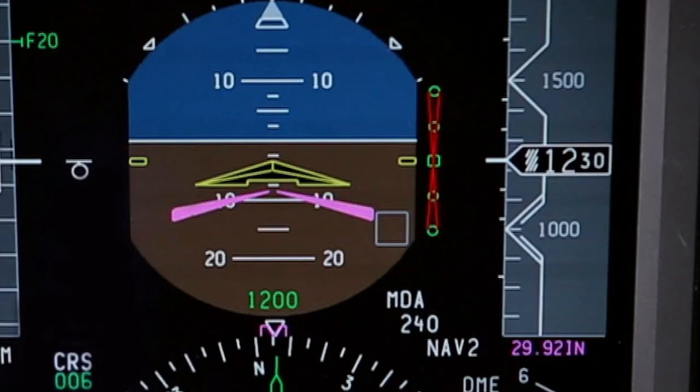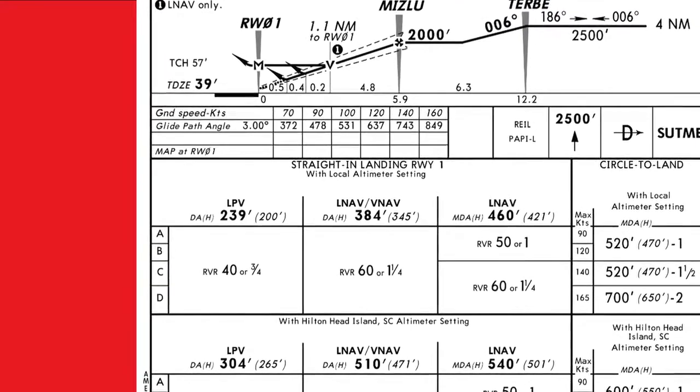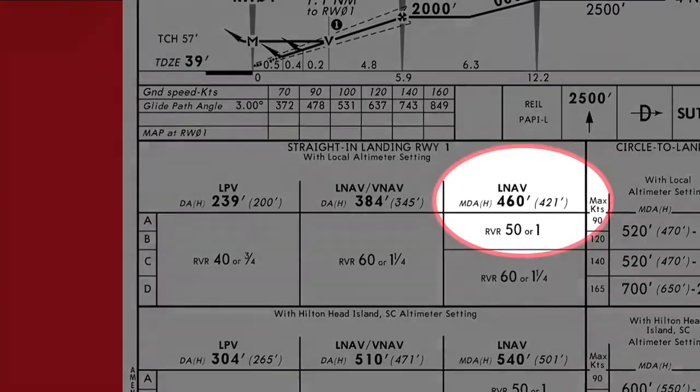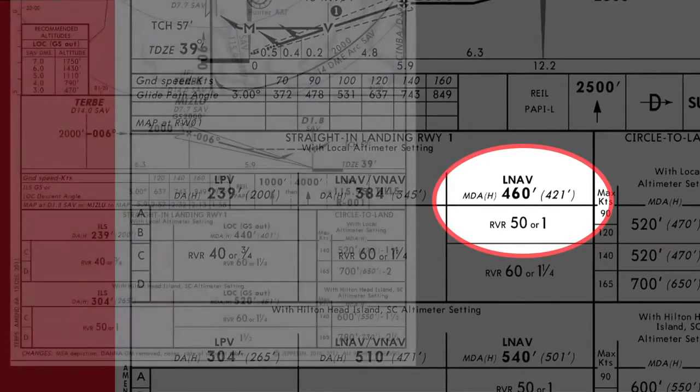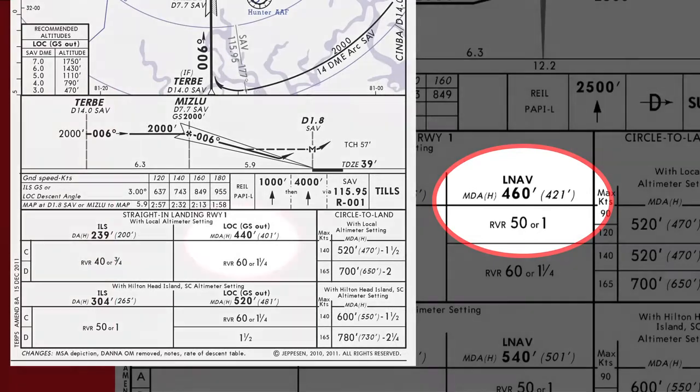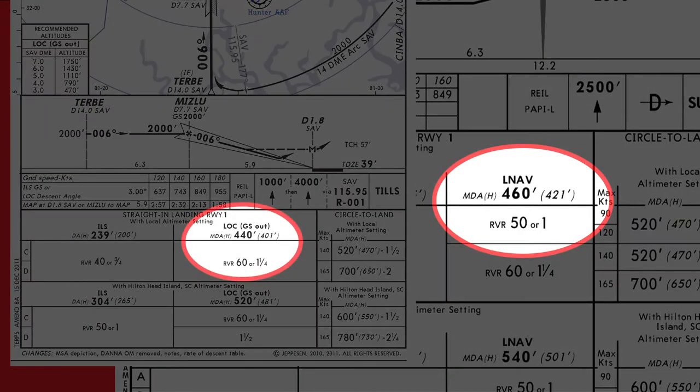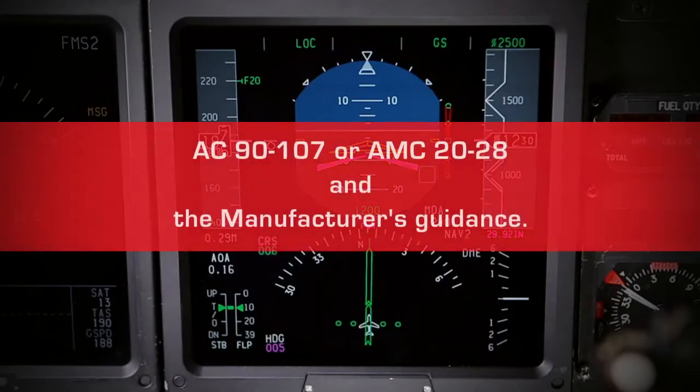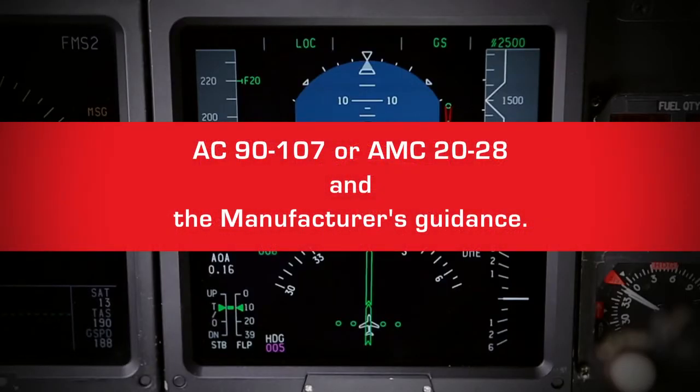If a red X is displayed on the vertical deviation scale, the flight crew may have the ability to continue the approach to LNAV-only minimums. This is similar to losing glide slope deviations on an ILS approach and continuing to localizer-only minimums. Refer to AC 90-107 or AMC 20-28 and the manufacturer's guidance for further information on SBAS fail-down procedures.